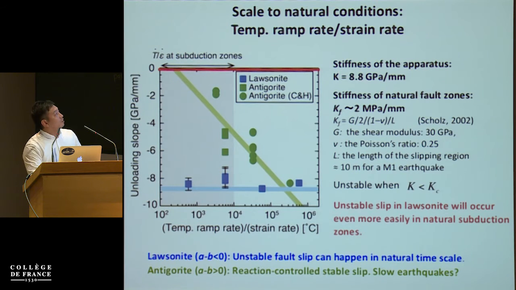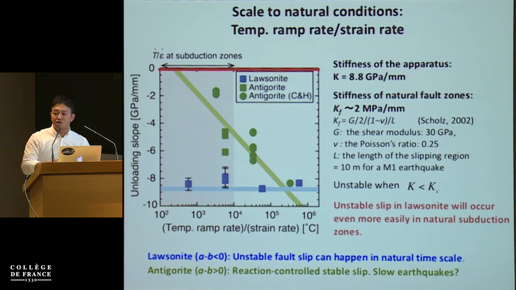So this means we can compare with natural subduction zone conditions. For example, somehow I had a movie, but it's gone. But anyway, if you calculate this scale in a natural subduction zone, it's like 10 to the 2 to 10 to the 4. It's the gray box. And then our lab condition is 10 to the 3 to 10 to the 6.